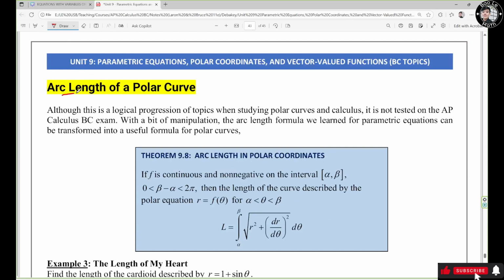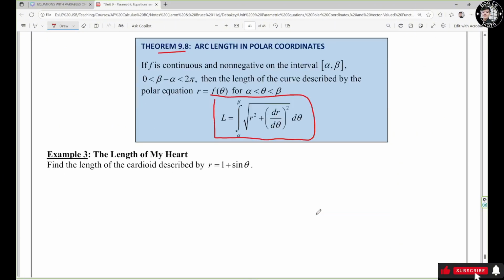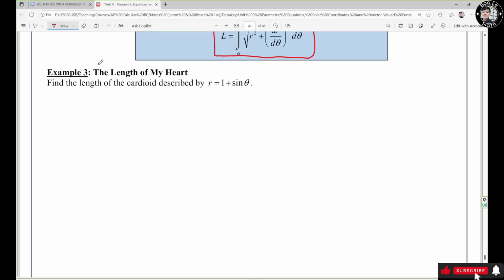We're going to talk about the arc length of a polar curve. You have the theorem right here. Alright, the arc length equals the integral from alpha to beta of the square root of the radius squared plus dr over d theta squared d theta, right? So let's take a look at example number 3 right here.